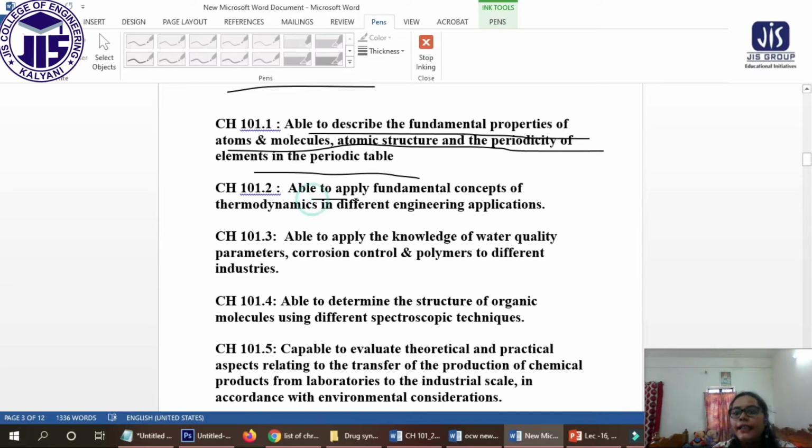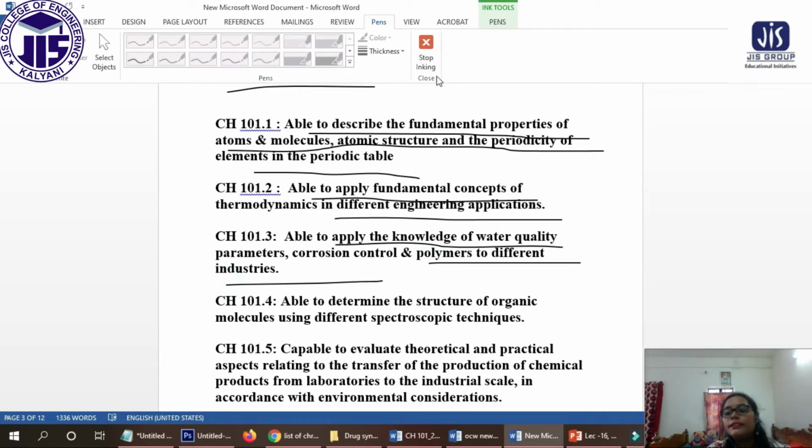Also, you can apply the fundamental concepts of thermodynamics in different engineering applications. You can apply your knowledge of water quality parameters, the corrosion control and polymers to solve some of the problems you are facing in your industries.